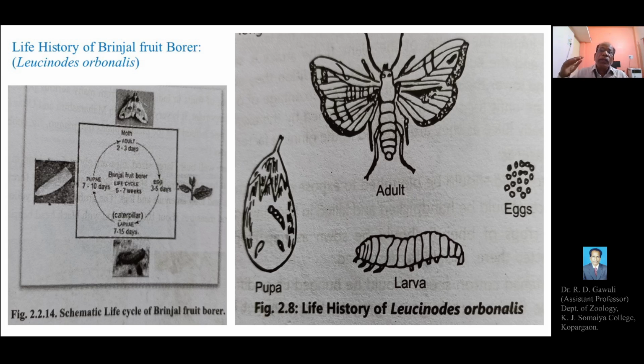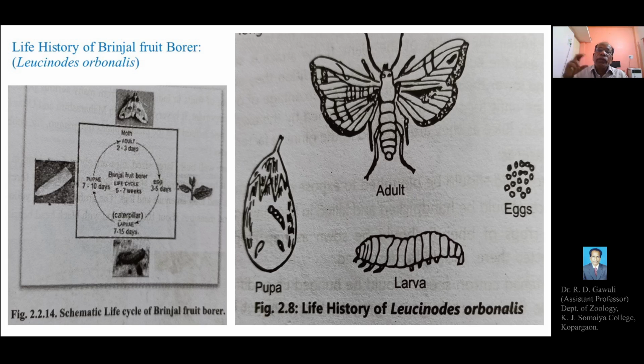When it attains the maximum length of up to 1.6 centimeter, it becomes pinkish in color and represents the fully grown mature larva, which then undergoes pupation.